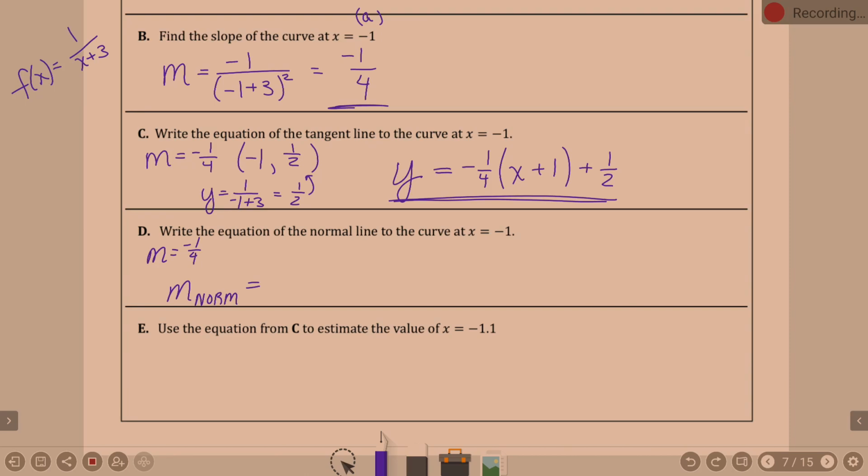Opposite, reciprocal. Positive 4. Opposite of negative is positive. Reciprocal of 1/4 is 4/1. So we have our normal slope, and did my point change? No, you're still going to use the negative 1, 1/2. Basically, take the equation from the previous one and change the slope from negative 1/4 to 4. So 4 times x plus 1, plus 1/2.